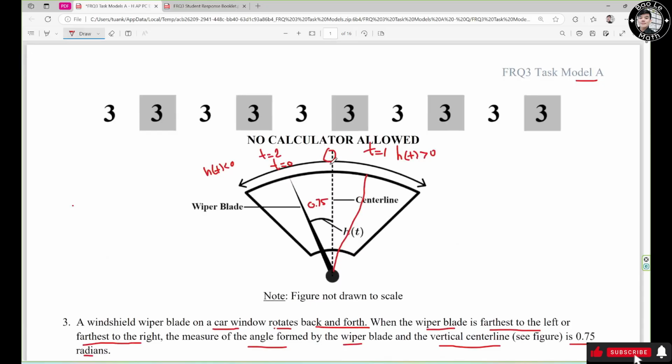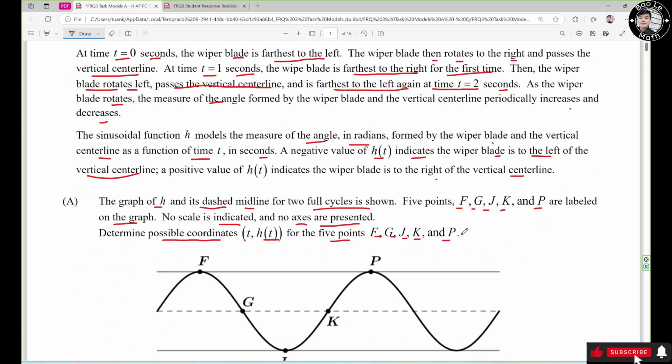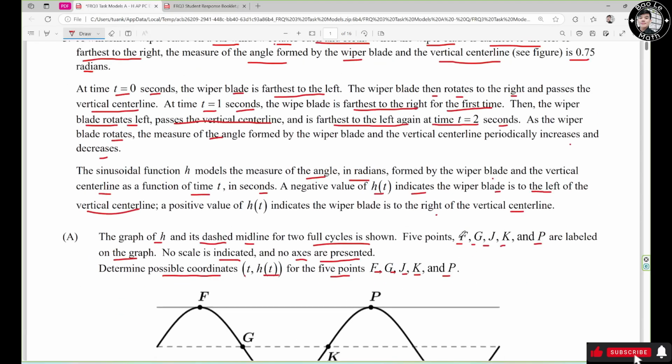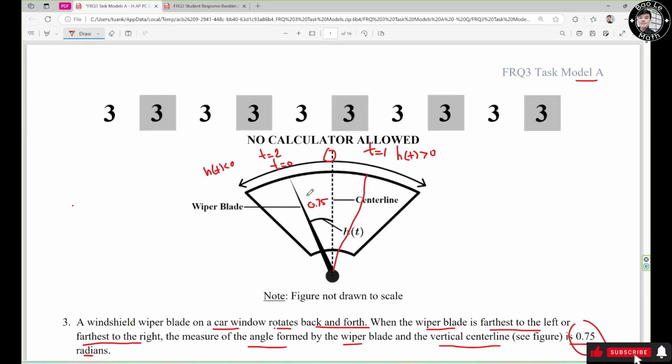We see that farthest to the left is going to be negative 0.75, because it says a negative value of h of t indicates the wiper plate is to the left. And farthest to the right is going to be 0.75. There you go right here. So here's negative 0.75 and this one is 0.75.